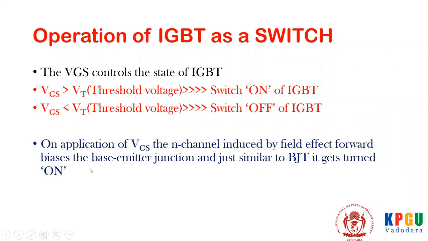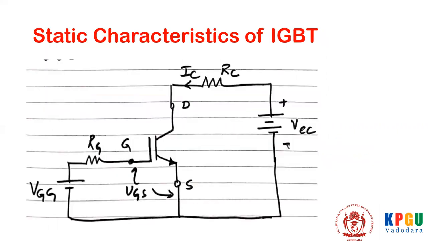On application of VGS, the N channel is induced by the field effect, the base emitter junction is forward biased, and similar to BJT, it gets turned on. So once again, it is the field effect which is used to turn it on. The N channel is induced by applying VGS higher than the threshold voltage. So it is voltage operated, and the field effect is used over here, similar to MOSFET.